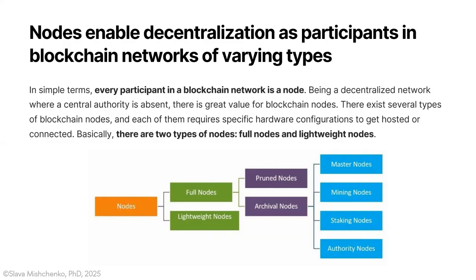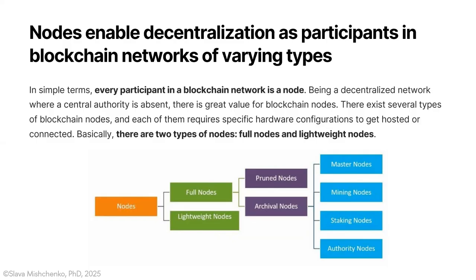For example, mining nodes are the workhorses of proof of work systems like Bitcoin, because they compete to solve complex mathematical puzzles to validate transactions. And staking nodes, on the other hand, are used in proof of stake systems where they validate transactions based on the number of tokens they hold.